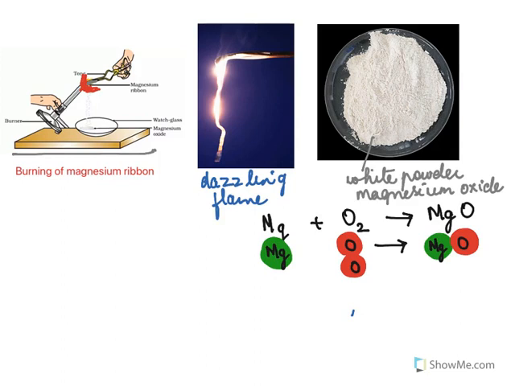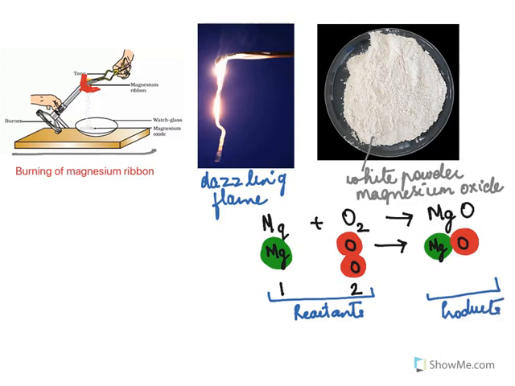Now you would have noticed one thing here. There is one magnesium, and here there are two oxygen. This is the reactant side, the substances that take part in the reaction.